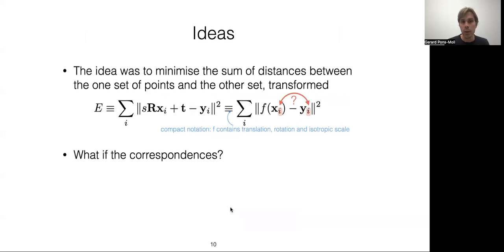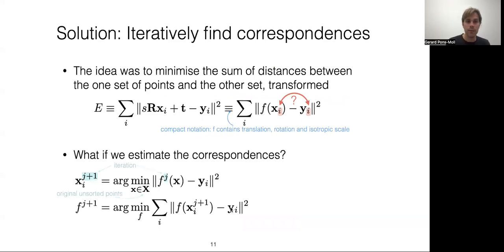Well, what we could do is, okay, let's first fix F and find the optimal correspondences for this fixed F. So I have here an argmin over X, right? In order to find the optimal X that makes this as small as possible, where F is assumed to be fixed. Now, given those correspondences, one for every target point, I can find a new F, right?